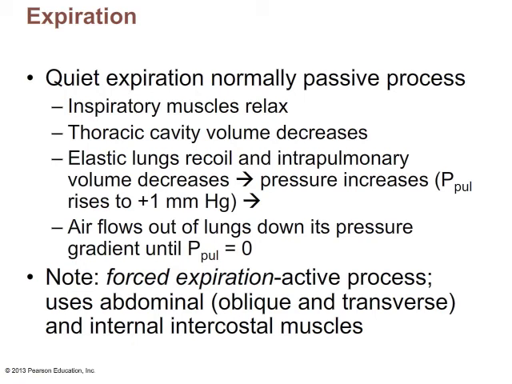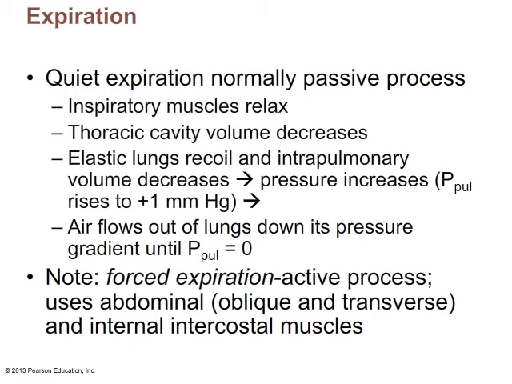On the other hand, expiration, or breathing out, is normally a passive process. That means we don't actually have to contract a muscle, we just have to relax one in order for it to occur. And so expiration occurs when your diaphragm begins to relax. And because of the elasticity in your lungs and the thoracic cavity, the volume automatically shrinks back to normal, which helps to force that air out through your nose and out through your mouth.